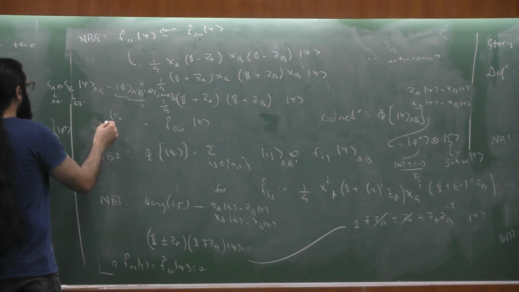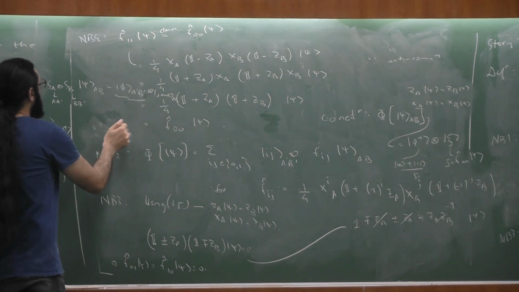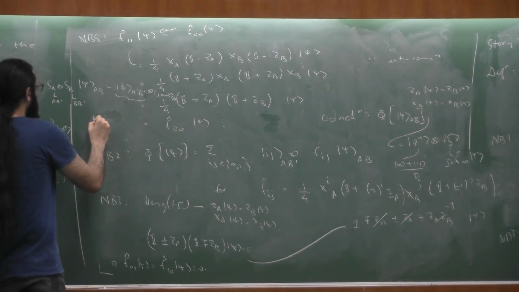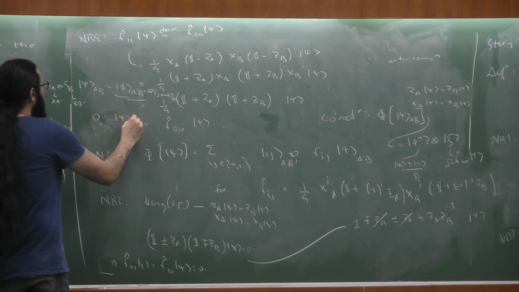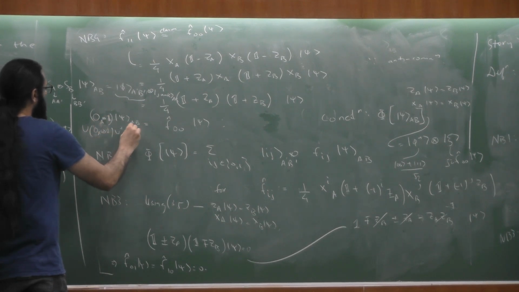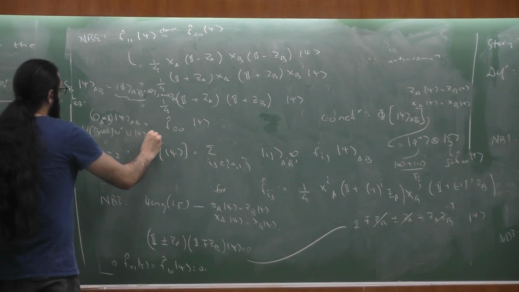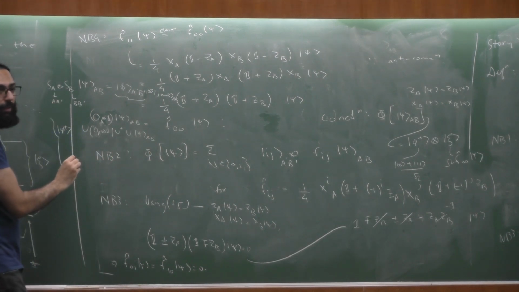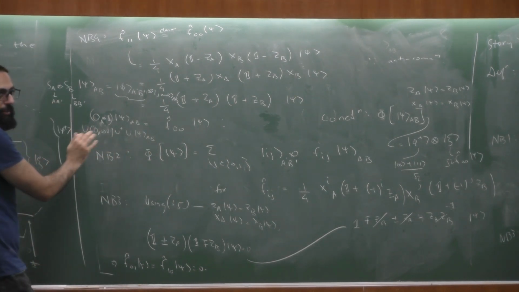So my problem is the following. If you had some observable that you were measuring on psi AB, acting on, say, A tensor identity, I could always conjugate it with the unitary. But since it's an isometry, this conjugation is a little bit more tricky.